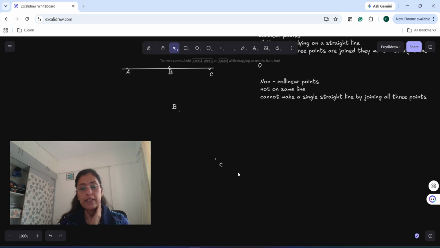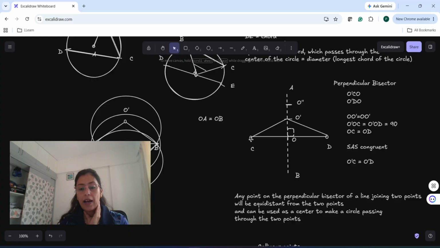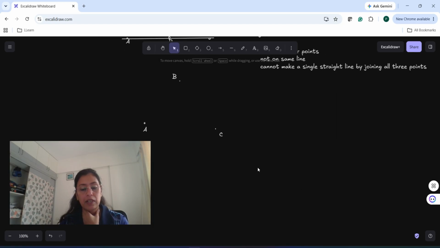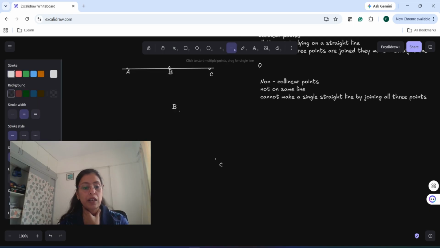So let's try something which we have learned earlier. I have the two points C and D. I make a perpendicular bisector, and any point on the perpendicular bisector will always be equidistant from C and D. I can use that point as a center and make my circle, right? So let's try that. I'll join A and C first.